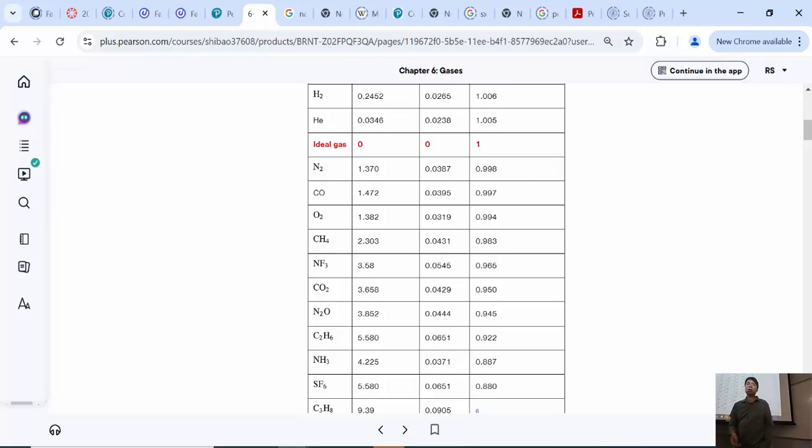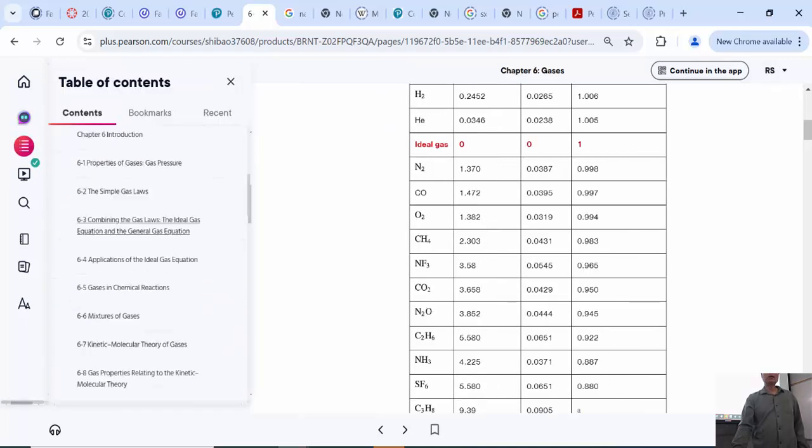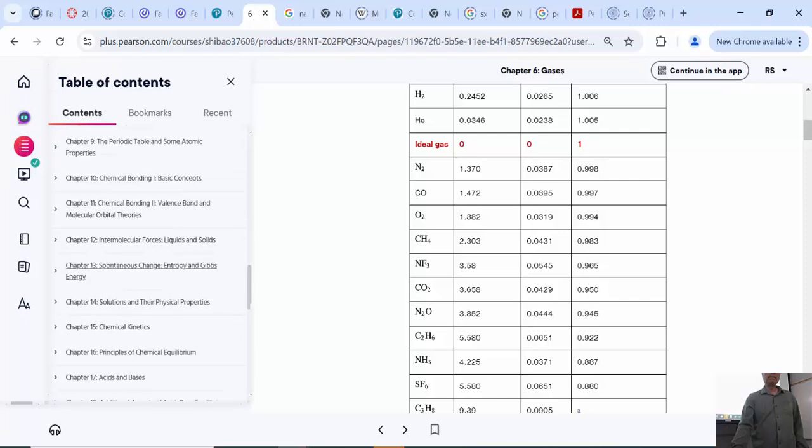We're going to treat everything as if it were ideal, but if you know something's going to deviate from ideal, I'm not going to have as much confidence in my final answer as I would for other scenarios. We can easily give an example of this here from chapter 14.